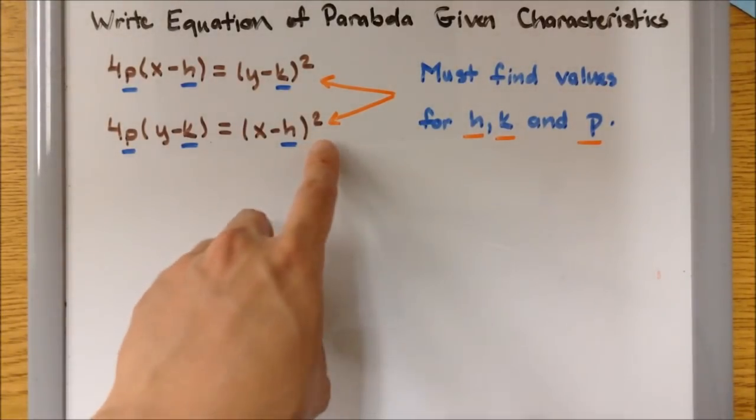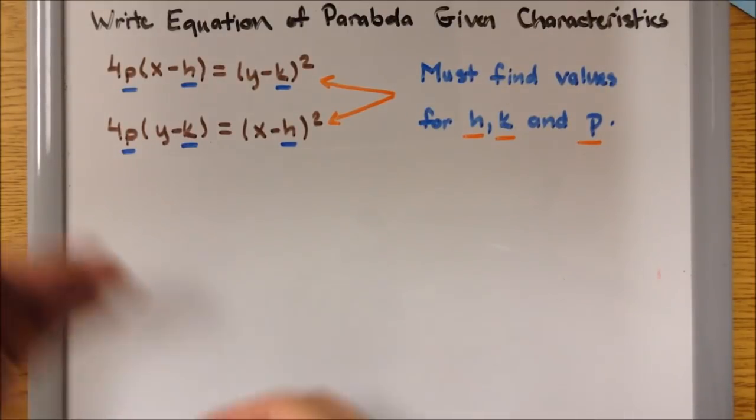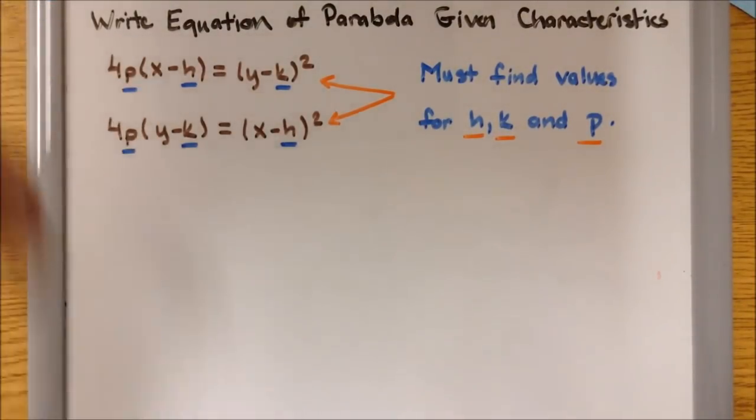And the second one, I see the square is on the x, so I'm going to look at the formulas assigned to this equation when finding vertex, focus, axis of symmetry, and directrix. So be very careful which formulas you use. Again, you must tell the difference between these two.